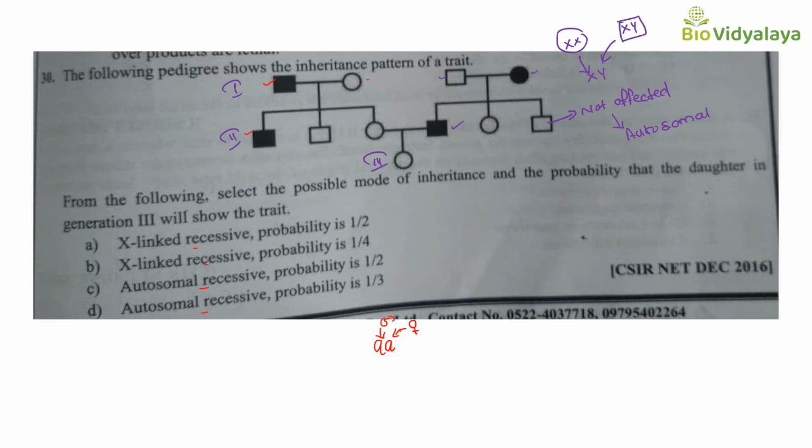So if this mother is affected, then all the sons should be affected. But here only one son is affected and this son is not affected. That's why this is not X-linked. This is an autosomal recessive trait.